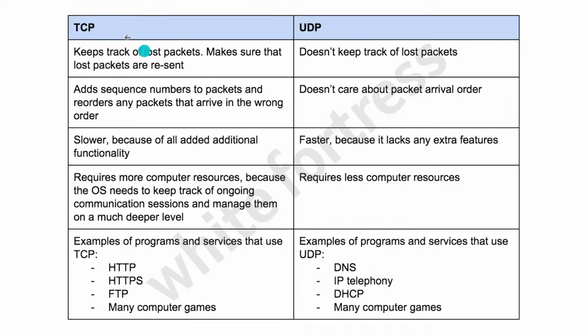TCP adds sequence numbers to packets and reorders any packets that arrive in the wrong order. So TCP is slower because of all the additional functionality, and UDP is faster because it lacks any extra features. TCP is slower because it has to check if packets are lost or not, and if a packet is lost, it will resend it, and it will check the sequence.